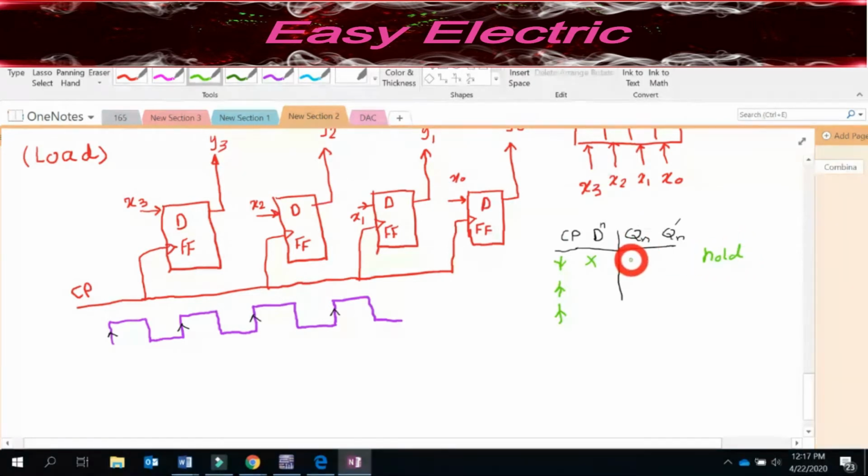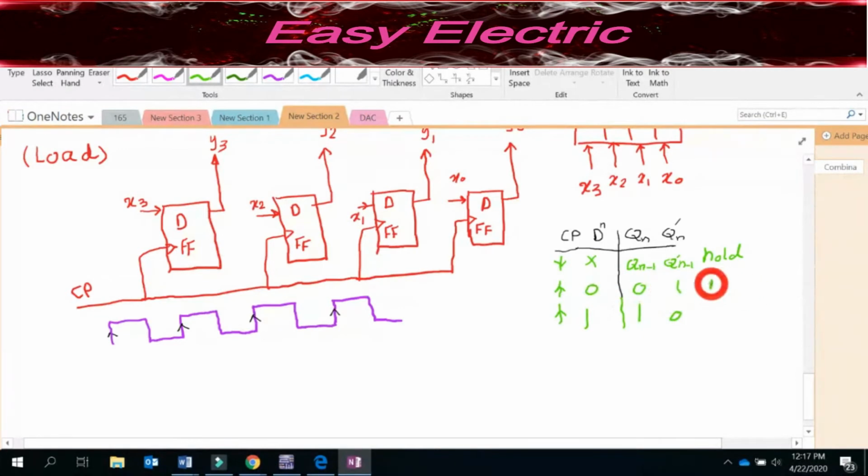So Qn is Qn minus 1, and definitely the prime of that should be Q prime n minus 1. Whenever this is a rising edge, it takes a look at the D, right? So if D is 0, you have 0, and the not is 1. If this is 1, Qn is 1, and the not is 0.